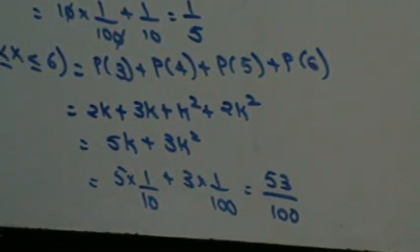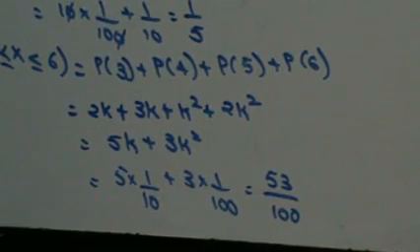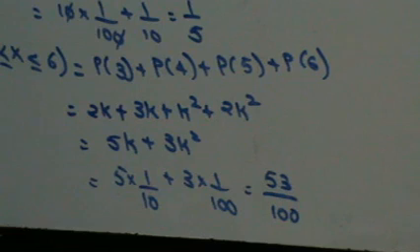If the random variable x denotes the number of yellow marbles, find the probability distribution of x.